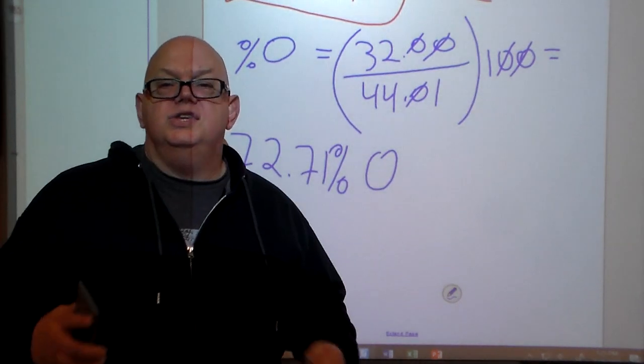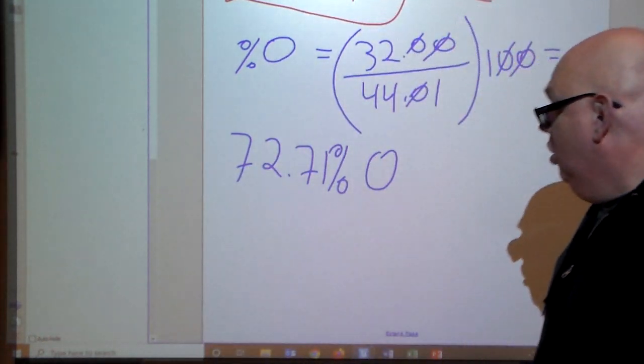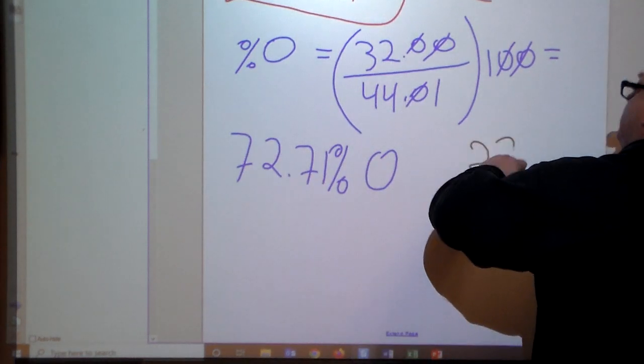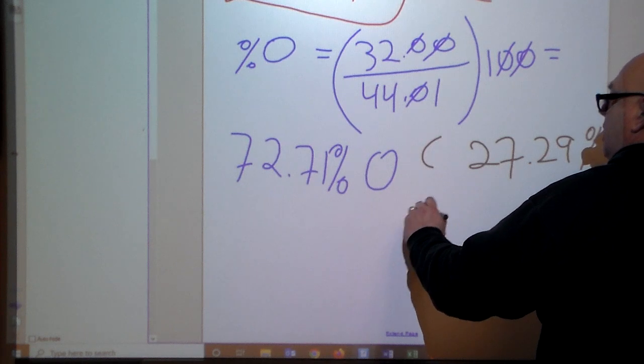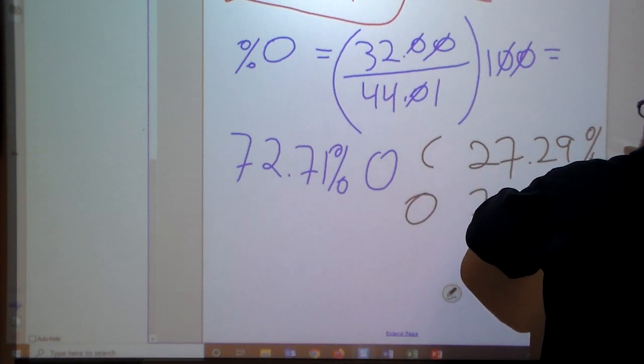Well, hey, let's take a look at this. How do I know that this is right? Well, they should be adding up to 100 or something really super close. So let's see, 27.29%, that's for the carbon, and then we have oxygen here, 72.71%.